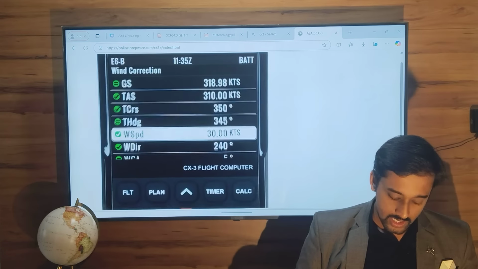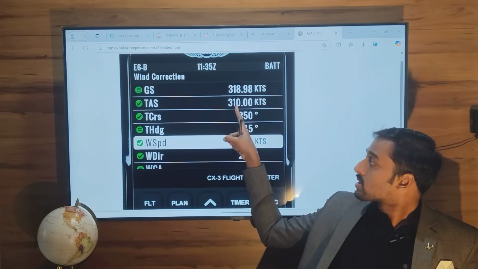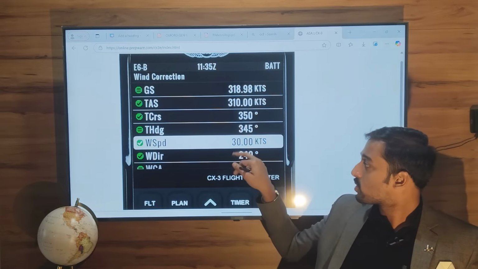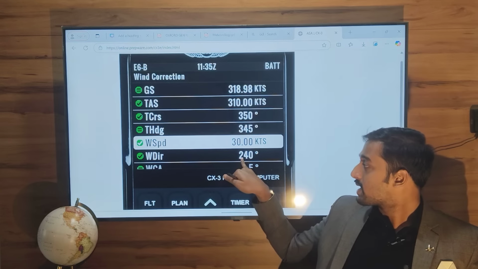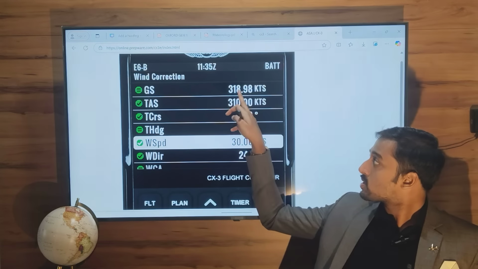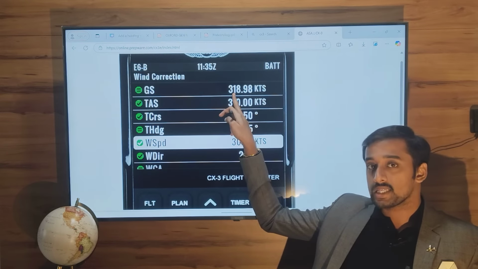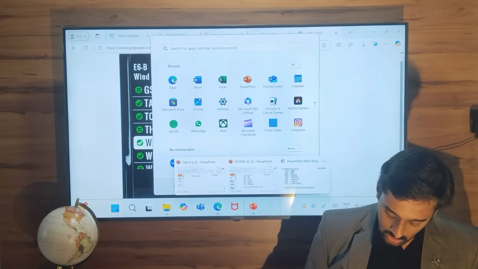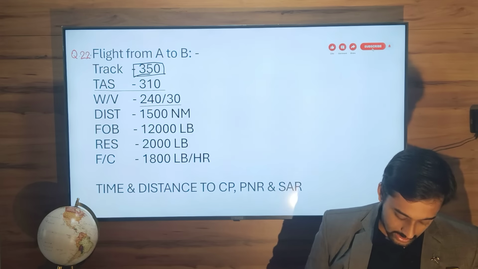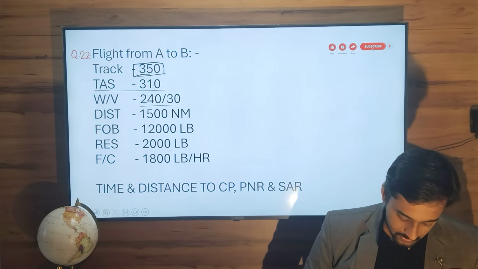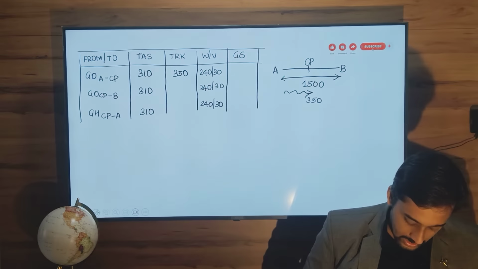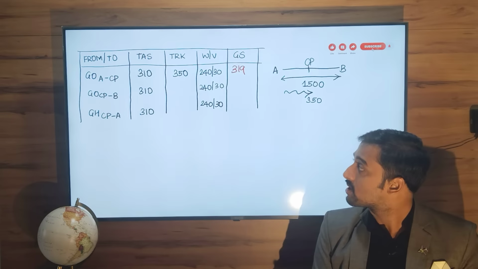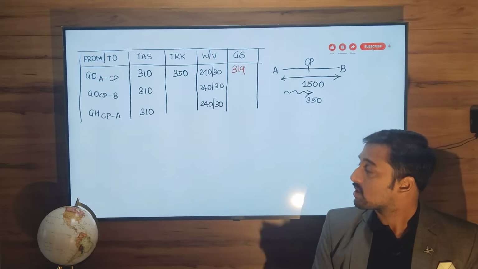So the ground speed that you get is 318.9, which is approximately 319 knots. So let's write the ground speed for row number 1 as 319. Now let's go to the next part.